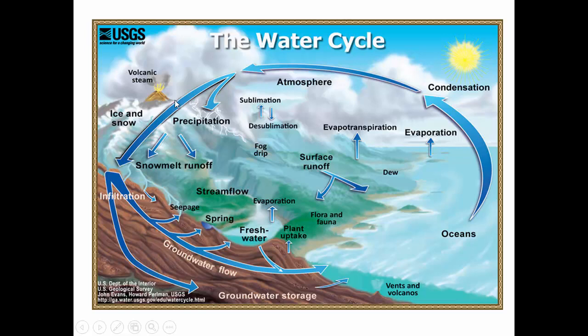Some of the water that gets onto the surface is going to run on top of the surface back into the ocean. Some of it goes down through the ground, and maybe the groundwater will come back up to the surface before it goes back out to the ocean.